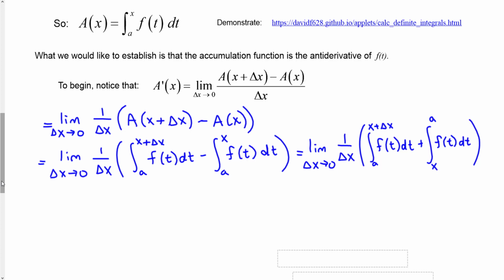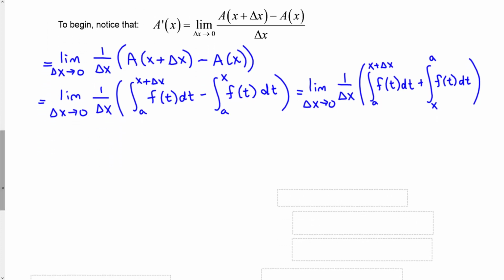Now, the value of a, I'm going to have to assume, but I think it's a safe assumption, that a is somewhere between x and x plus delta x. So if that's the case, then what I can do is combine this into a single definite integral.